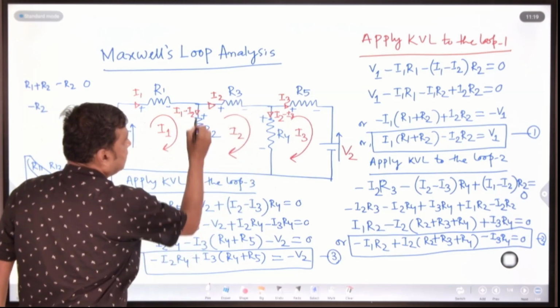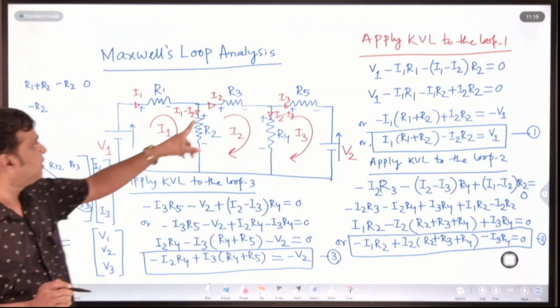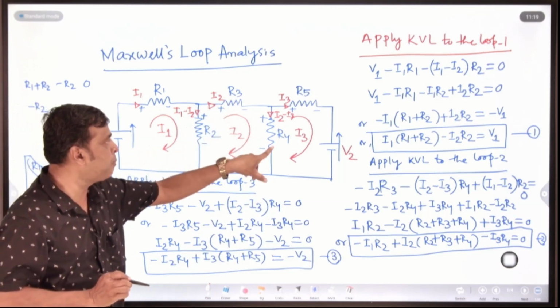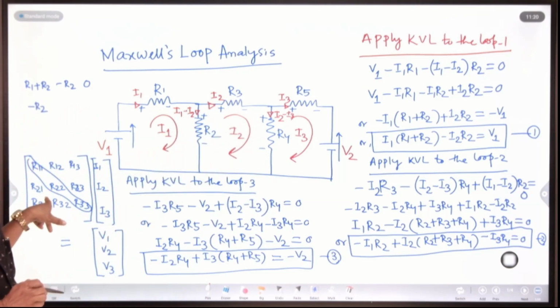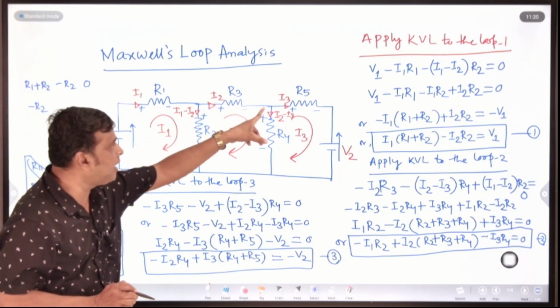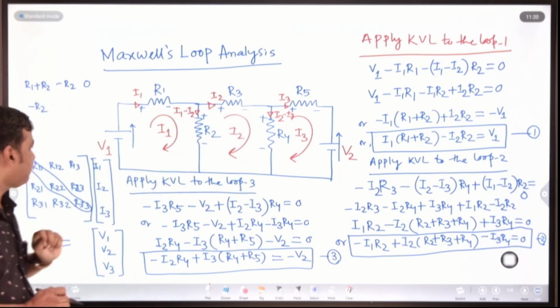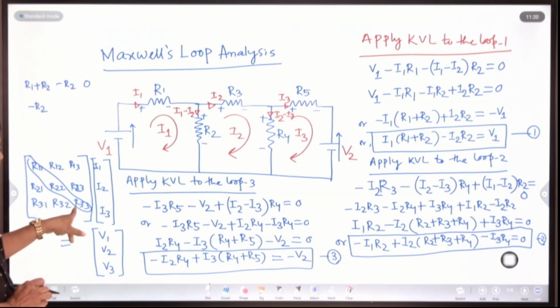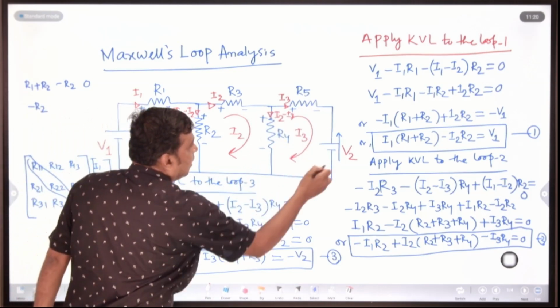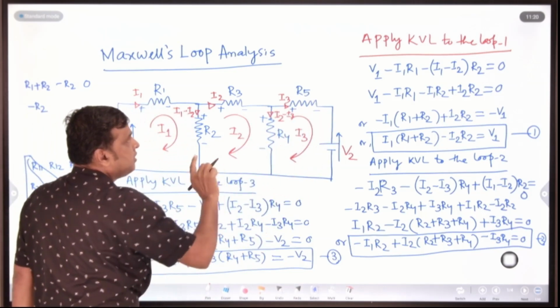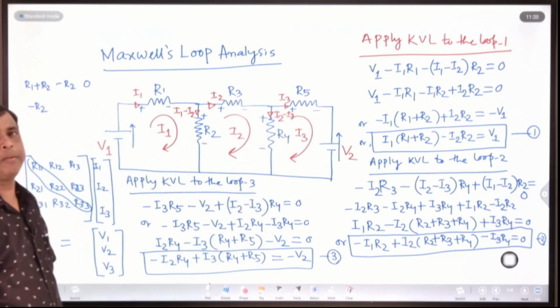In this self mesh, how many resistances? 3 resistances: R2, R3, R4. So R22, the sum of the resistance formed by loop 2, is R2 plus R3 plus R4. Similarly, R33, the sum of the resistance formed by loop 3. In loop 3, how many resistances? Only 2 resistances, R4 plus R5.